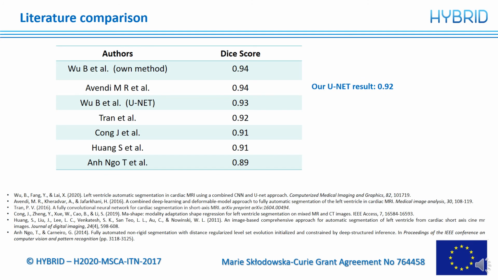So if we compare with the literature, here we can see that our U-Net result was 0.92, and here we see a range from 0.89 to 0.94. Some of them were using U-Net or their own implementation.